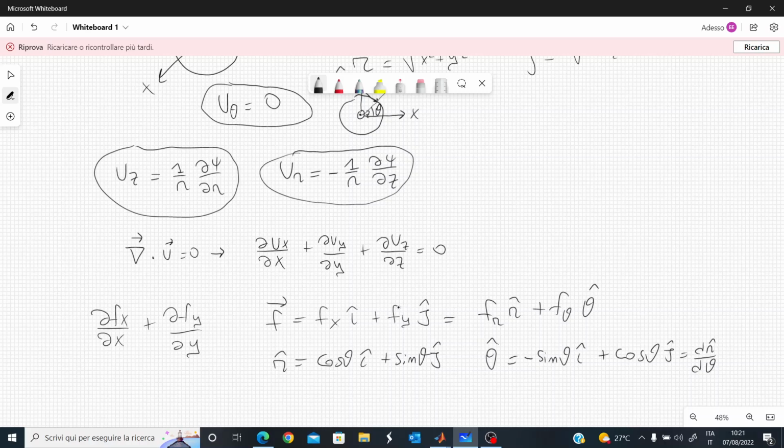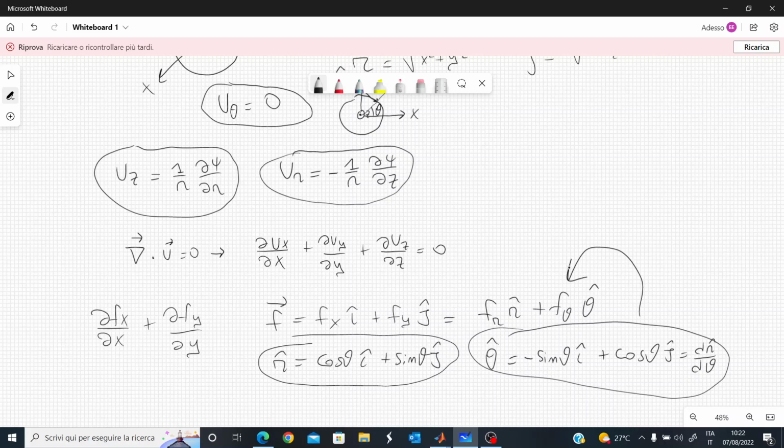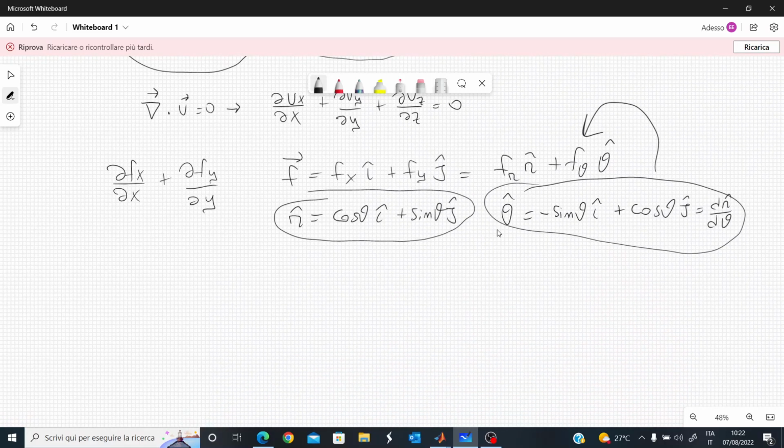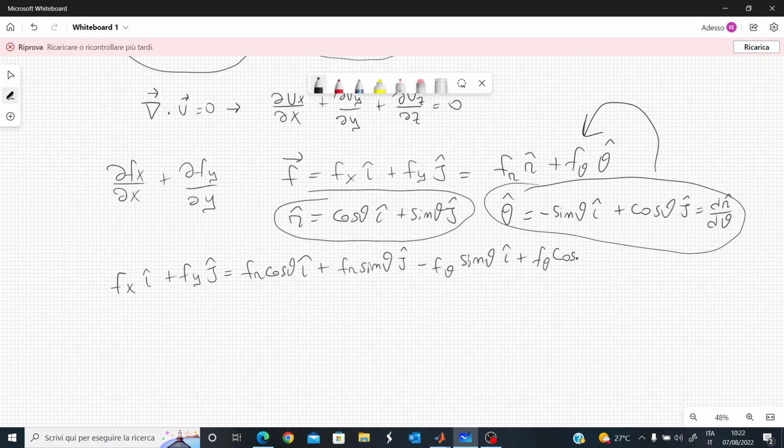And now if you substitute these expressions into here, you can find the relation between fx, fy and fr, f theta. So if you substitute, you have fx i plus fy j equal to fr cosine theta i plus fr sine theta j minus f theta sine theta i plus f theta cosine theta j.